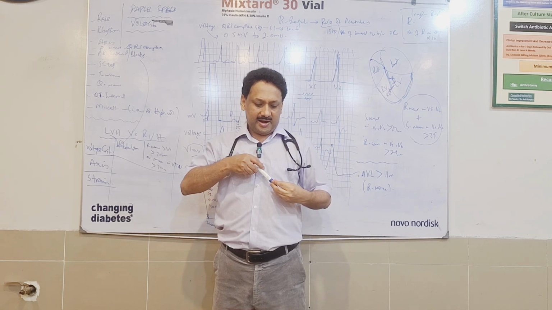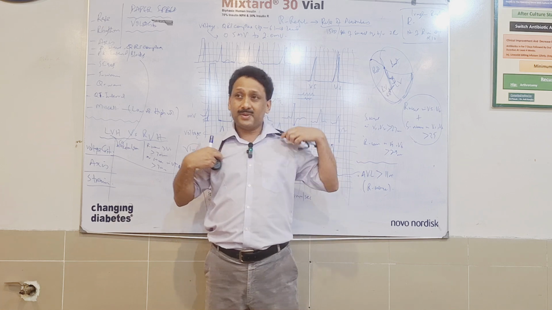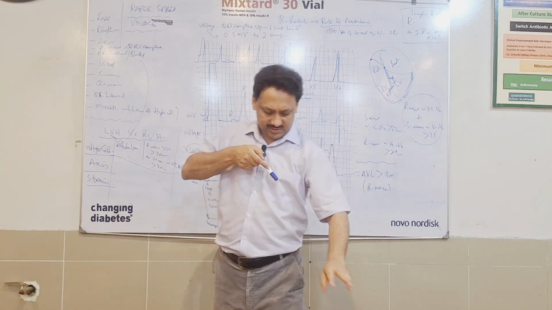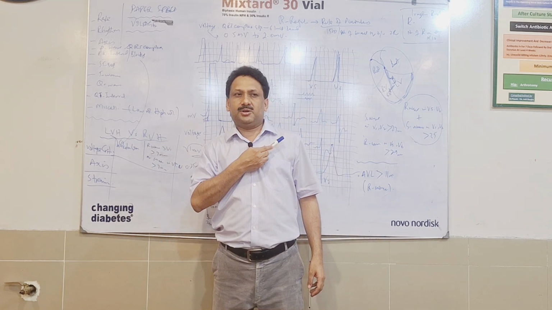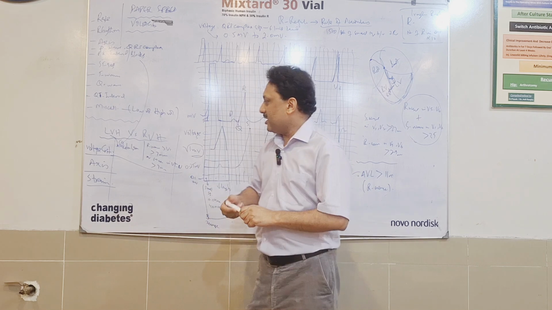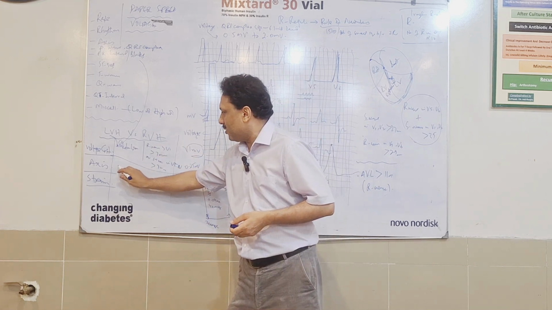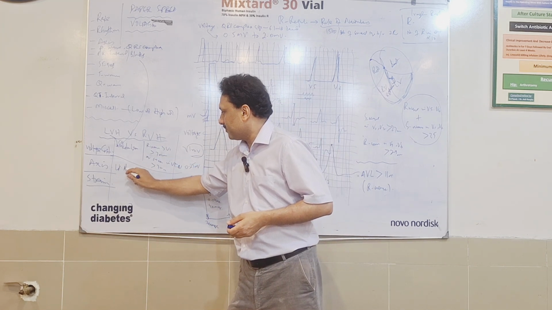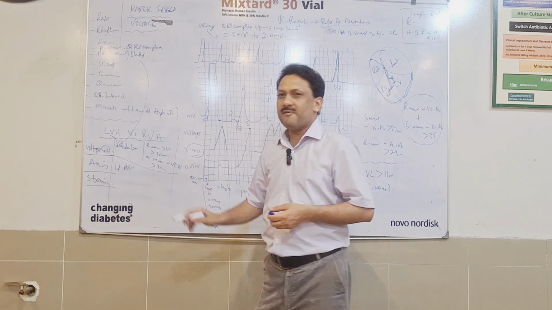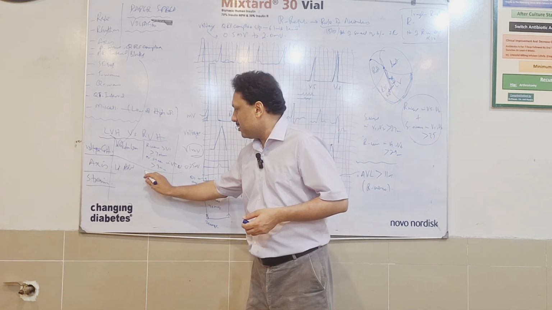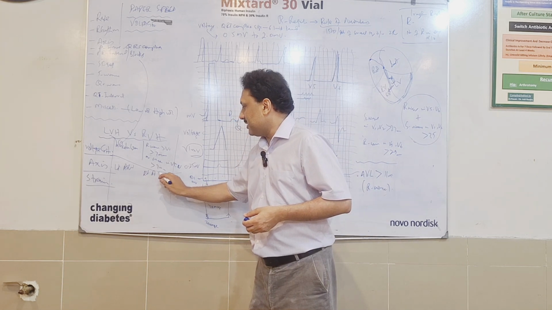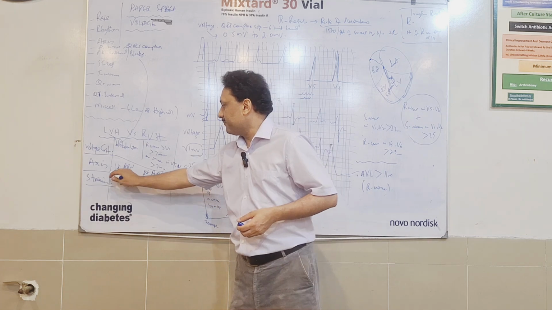I mean, axis will take that direction. So in the setting of left ventricular hypertrophy, where will it go? Left axis. And in the setting of right ventricular hypertrophy, where will it go? Right axis. So that is the second criteria.